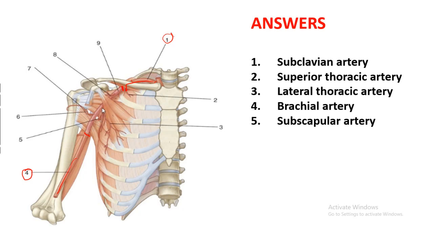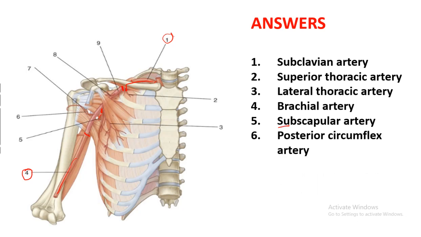There is this branch which is here, and we are going to discuss it later on in the tutorial. But we have this artery which is simply called the subscapular artery. The word sub just simply means below, and scapula is from the word scapula. That means that this artery is going towards the scapula.